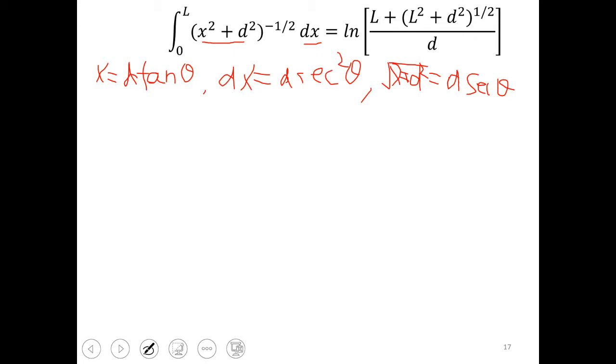This d is not that d. This d is different. This is the d for the derivative.